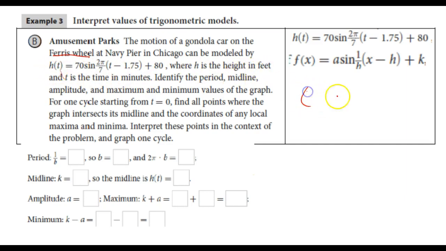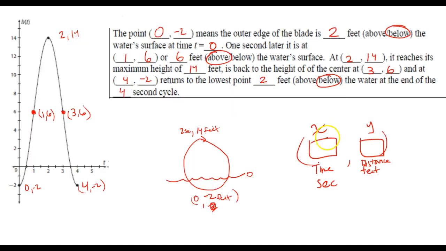So again, our y value is going to be the height of our gondola, whereas t, or x value, is going to be time in minutes, just like on the last one.